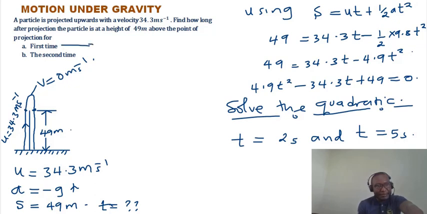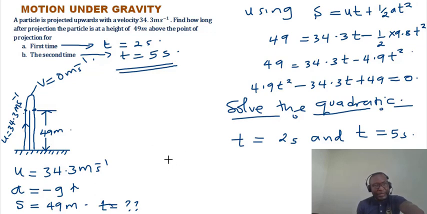When it comes back for the second time, again at the height of 49 meters, this will have been after 5 seconds. So the time taken when it is above the height of 49 meters is 5 seconds minus 2 seconds, and that is 3 seconds.